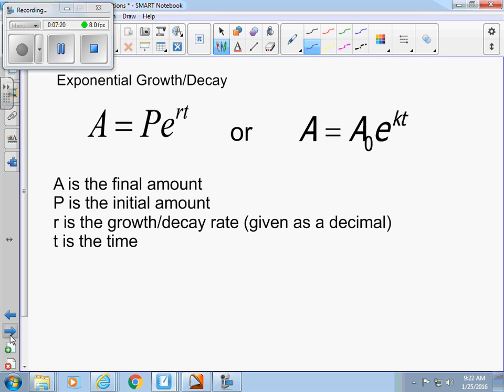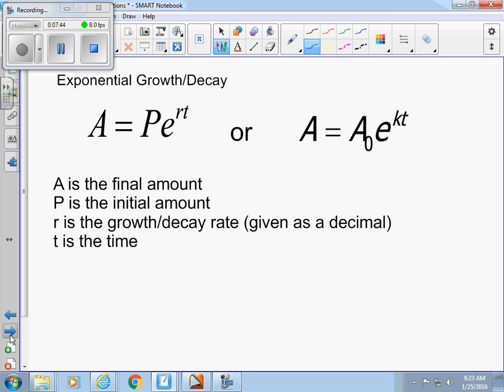Per 100, right? So 90% means 90 out of 100, which is 0.9. So anytime you see a percent mathematically, that always means a decimal. So it's never 90. It's always 0.9. If you ever see that, anytime you're going to use it, always change it.